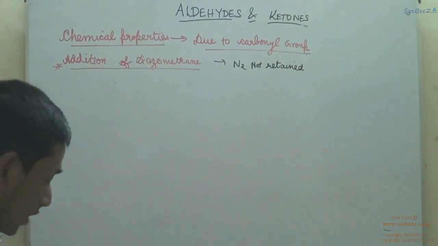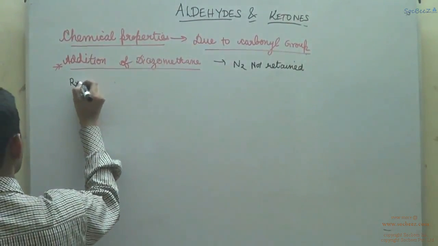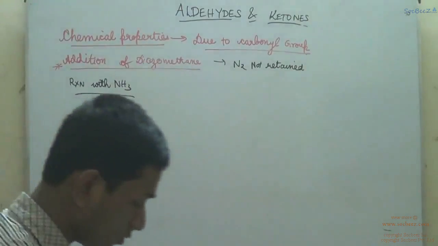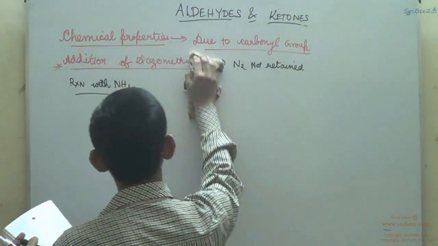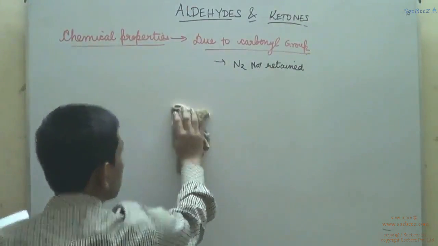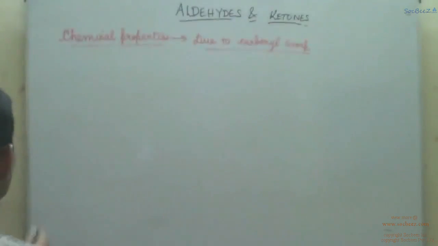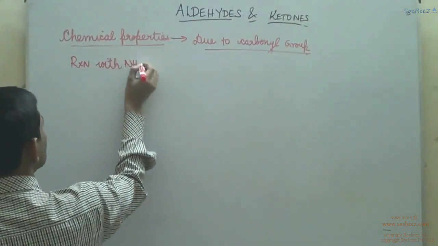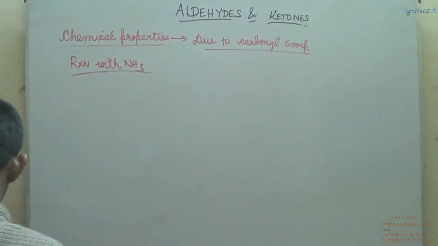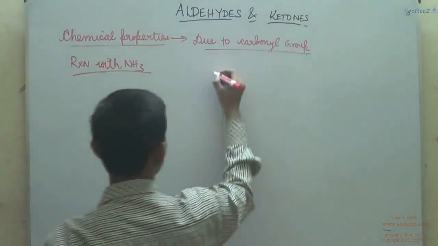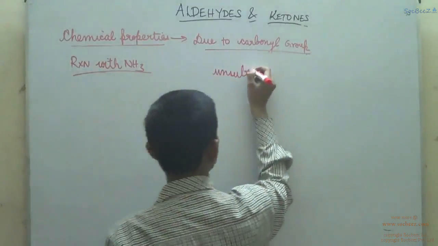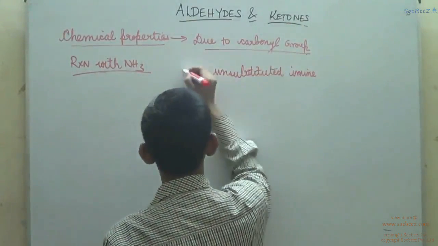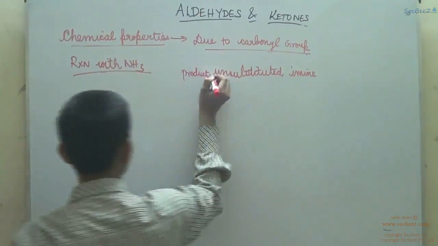Next we'll have reaction with ammonia. Reaction with ammonia, the product is an unsubstituted imine.